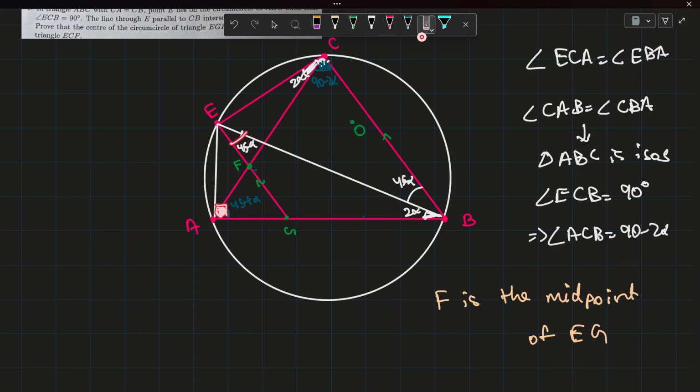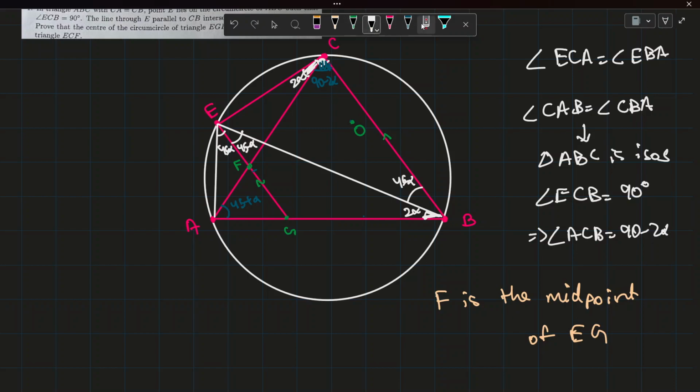So this is 45 minus alpha, this is 2 alpha. So a quick angle chase shows that this is 2 alpha, this is 90, so this has to be 90 minus 2 alpha. So this angle is 45 minus alpha.